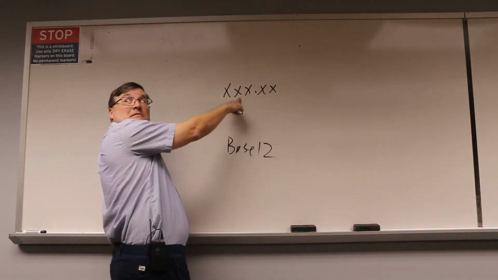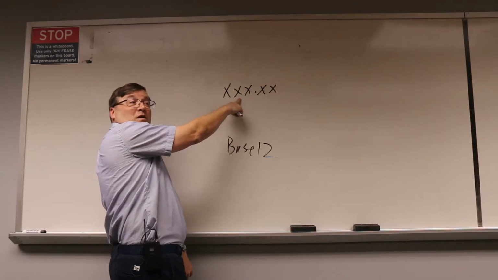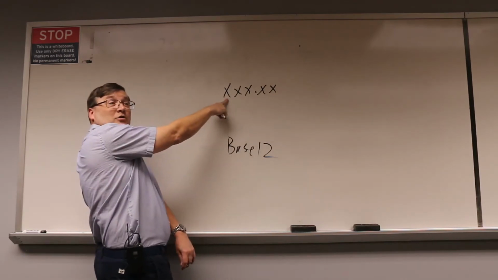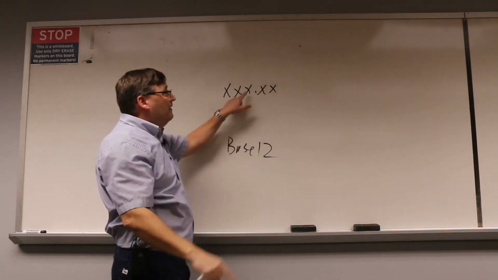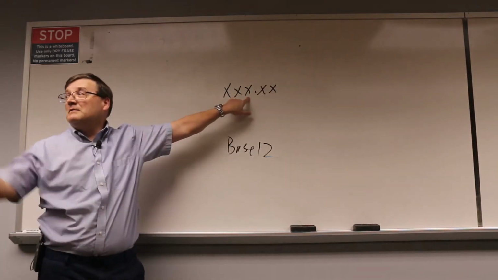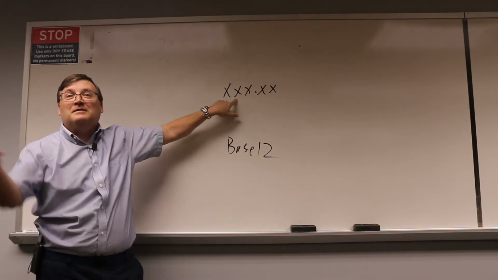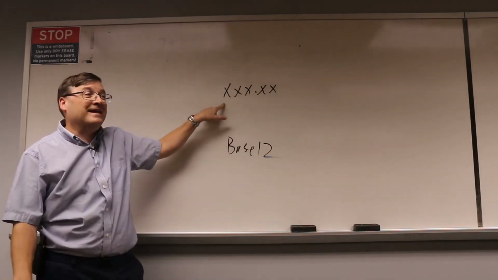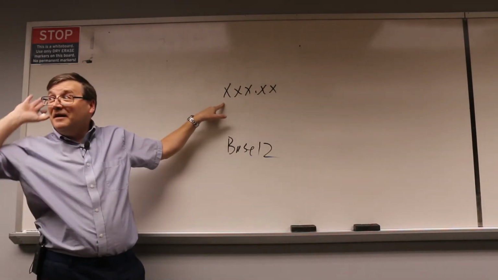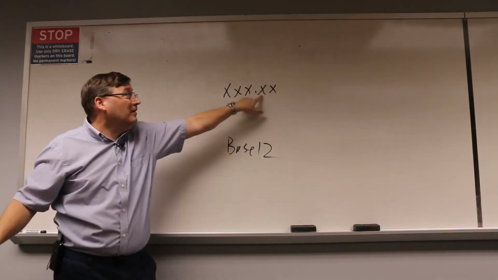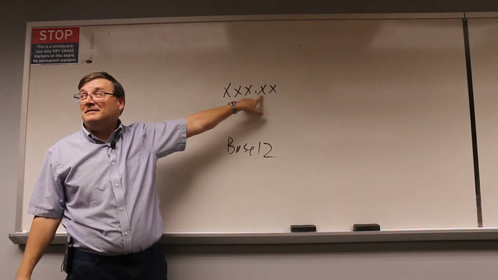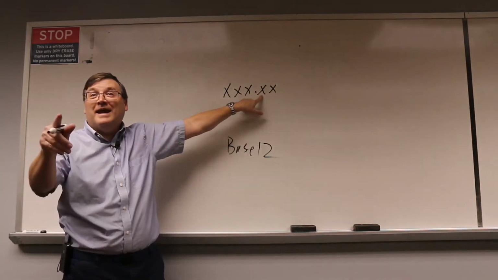This is 12 to the 1, this is 12 to the 2, right? 12 to the 0 is what? 1. 12 to the first is? 12 to the second is? 144. What's this? 12 to the negative 1.